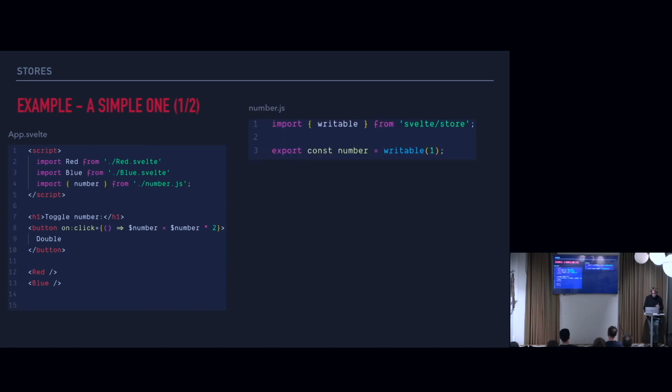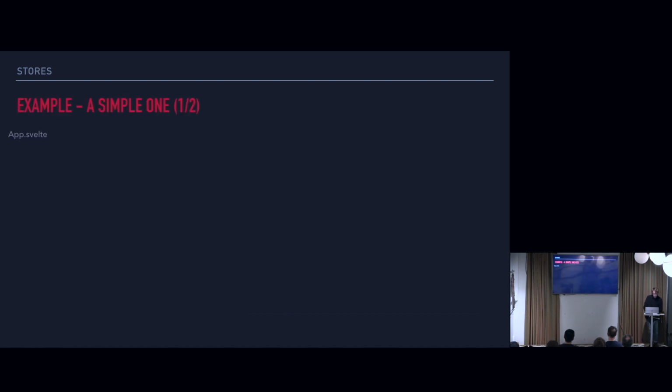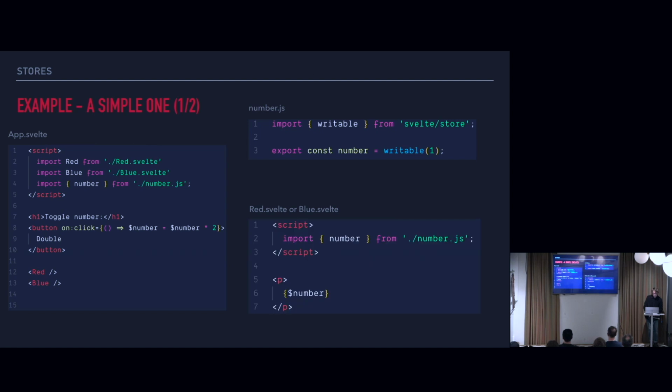So this is the whole of the number.js file. It's 2 lines of code. And then the red.svelte and the blue.svelte. These are just dummy components that we display the number in.